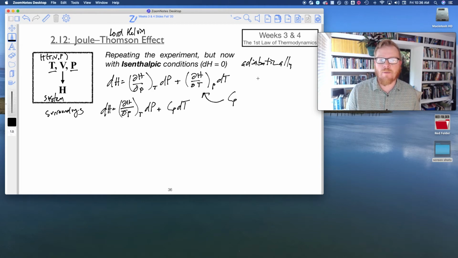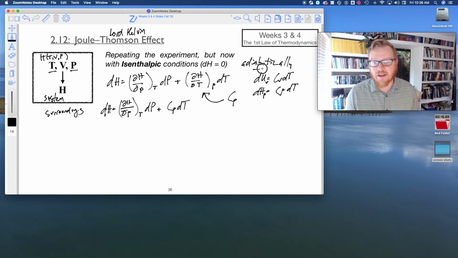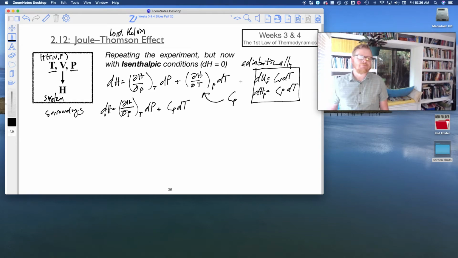So I'll remind you here, the twins: dU equals Cv dT, dH equals Cp dT. And of course, this is at constant volume, and this is at constant pressure. Those are the twins. Keep track of the twins. So now, what happens here?